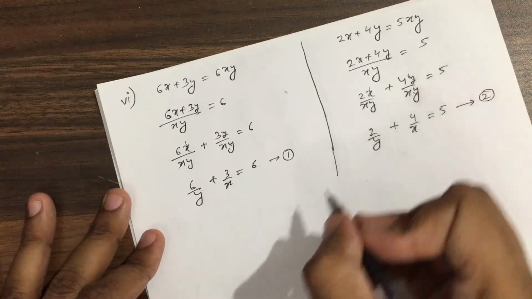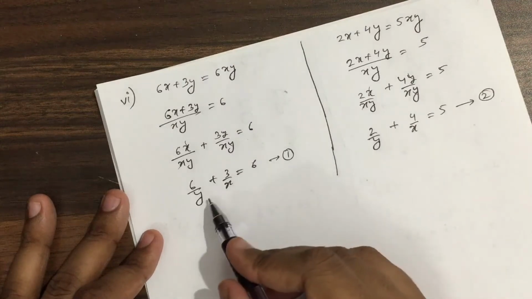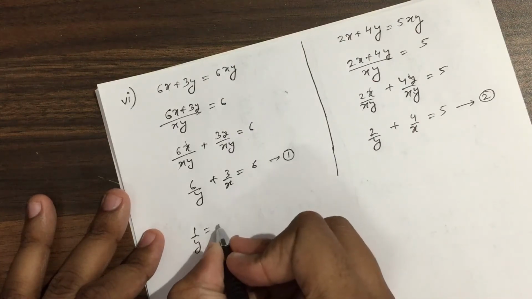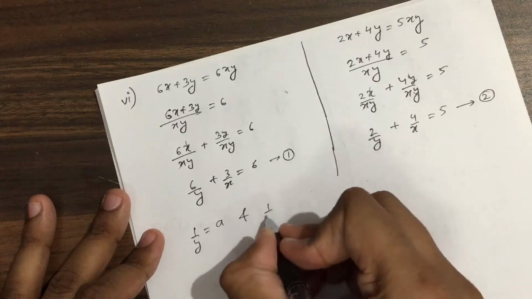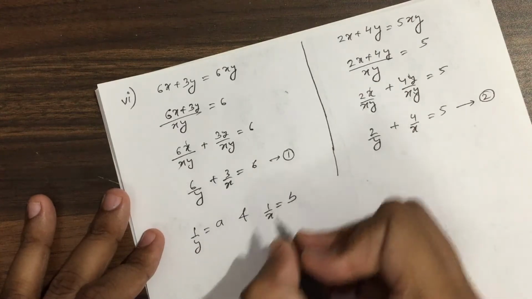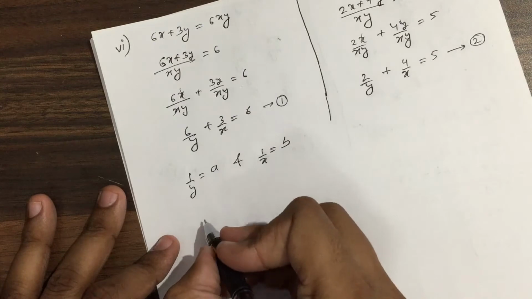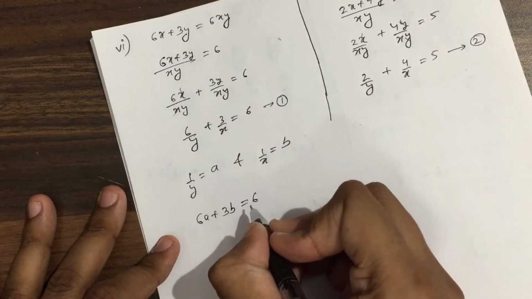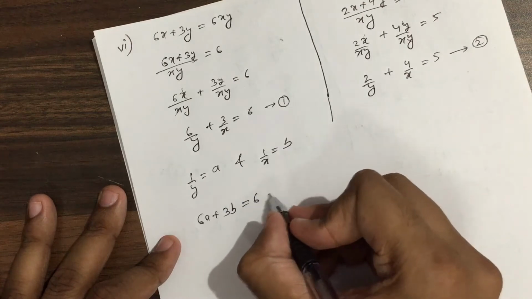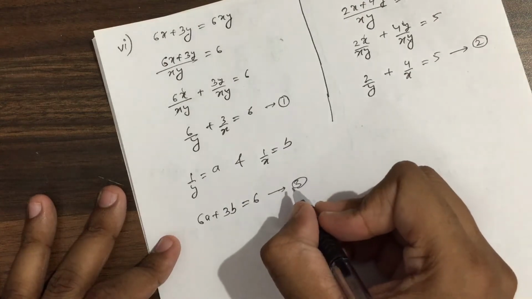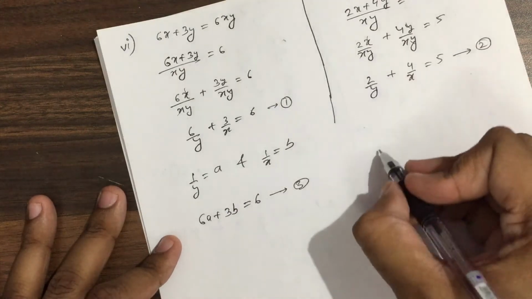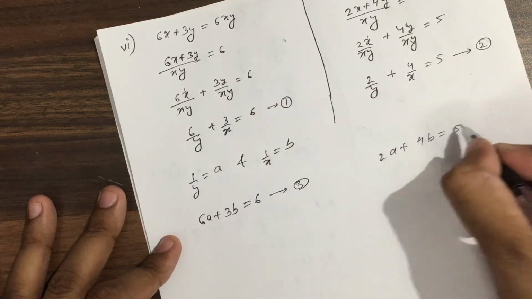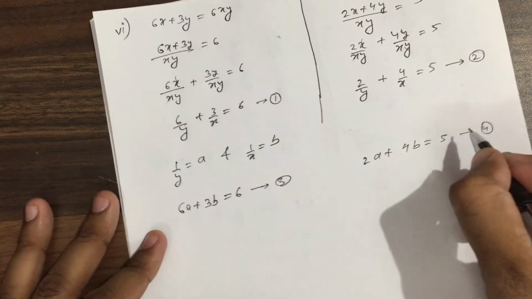Okay, now these are not in standard form, so let us assume 1 upon y equal to a and 1 upon x equal to b. So this will become 6a plus 3b equal to 6. Mark it as equation 3, and this will reduce to 2a plus 4b equal to 5. This will become equation 4.